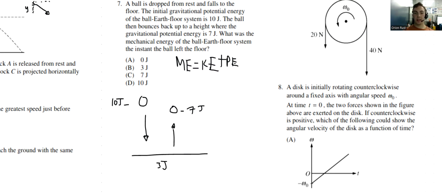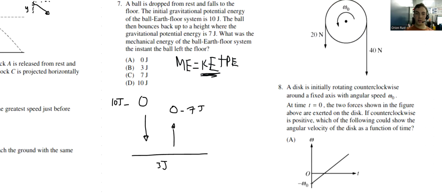So the second that it leaves the ground, it's going to be mostly kinetic energy because right when the ball hits the ground for the first time, it has the greatest kinetic energy, but we lose some of that. We lose some of this to friction, which isn't technically part of mechanical energy.